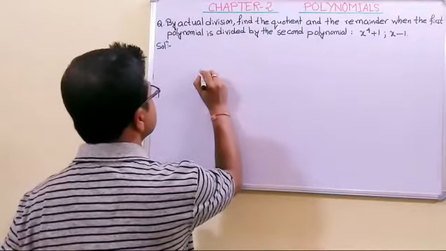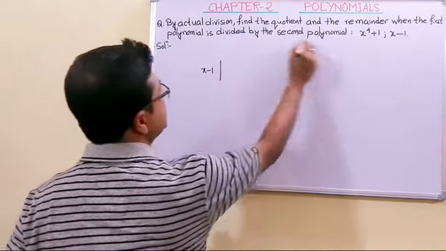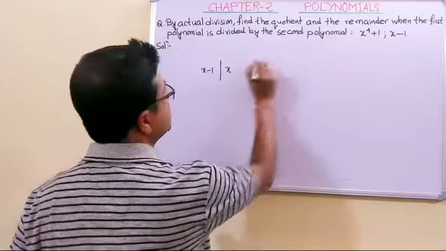First question is, by actual division find the quotient and the remainder when the first polynomial is divided by the second polynomial. The first polynomial is x to the power 4 plus 1 and the second polynomial is x minus 1. So let us write that x minus 1 here. We have to divide this x to the power 4 plus 1.